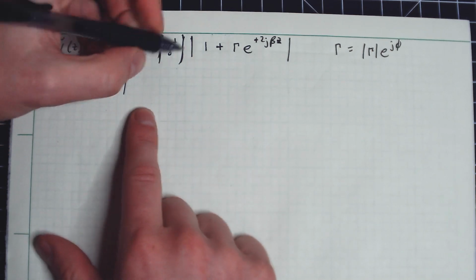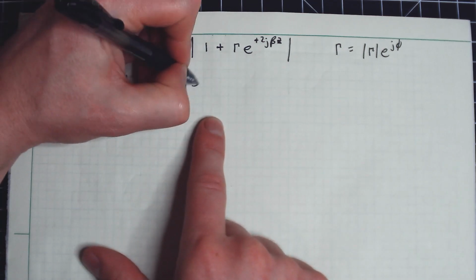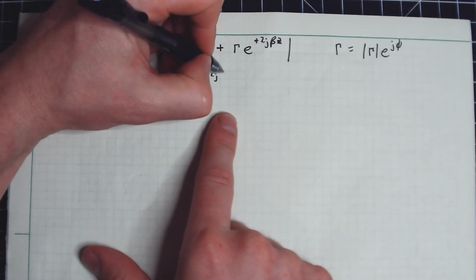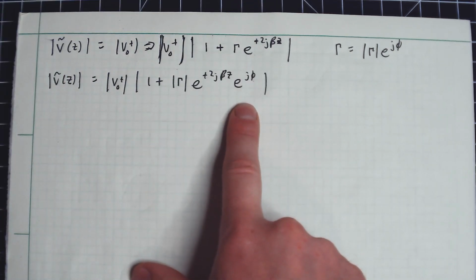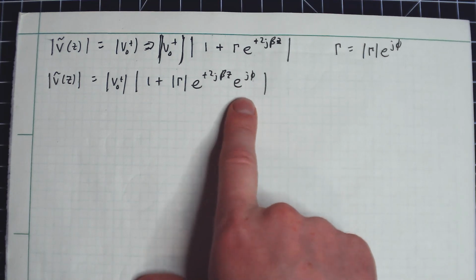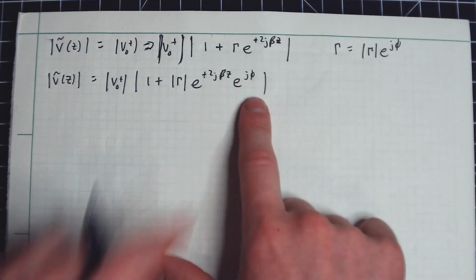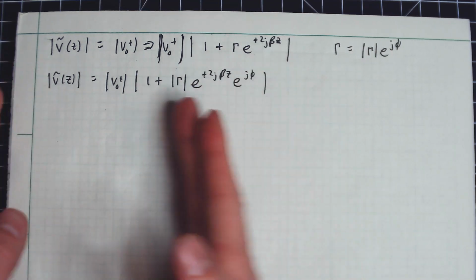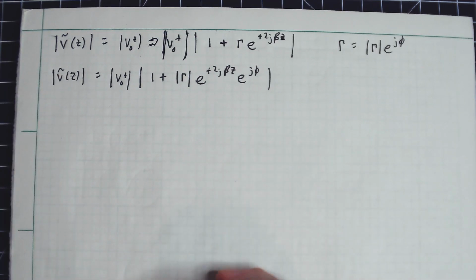So I get the magnitude of V naught plus, and then 1 plus the magnitude of gamma e to the plus 2j beta z, and then e to the j phi. Part of the reason I do this is because I don't want to worry about the fact that gamma is a complex number, and this phi is kind of arbitrary depending on how I define my origin. So it won't fundamentally change the nature of what's happening. So let's assume I've defined my origin at just the right place.